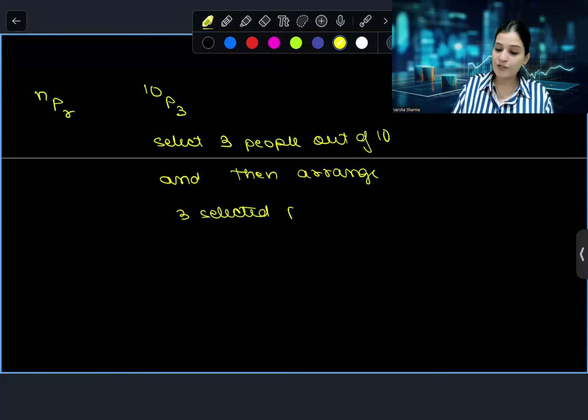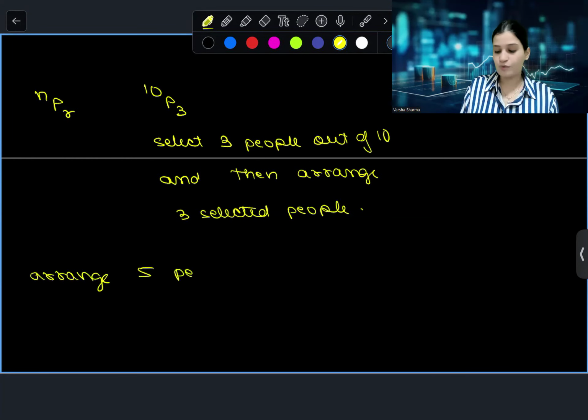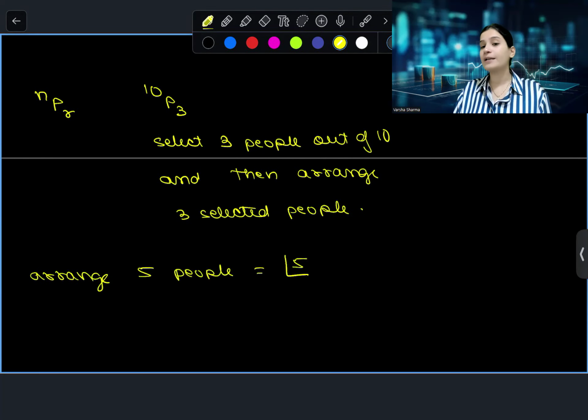But if your job is only to arrange, suppose arrange 5 people, do I need to select? No, my job is only to arrange. Then you can directly write 5 factorial. If I have to arrange 10 people, I can directly write 10 factorial. If I have to arrange 3 people, I'll directly write 3 factorial.